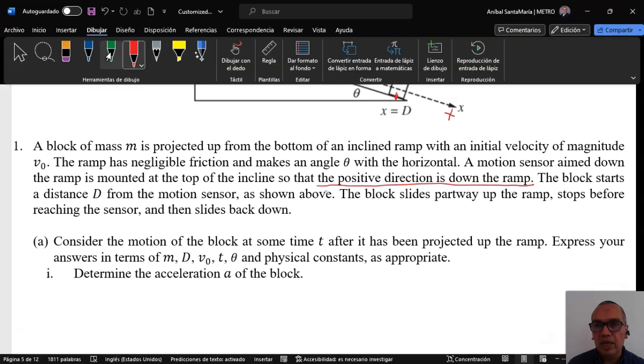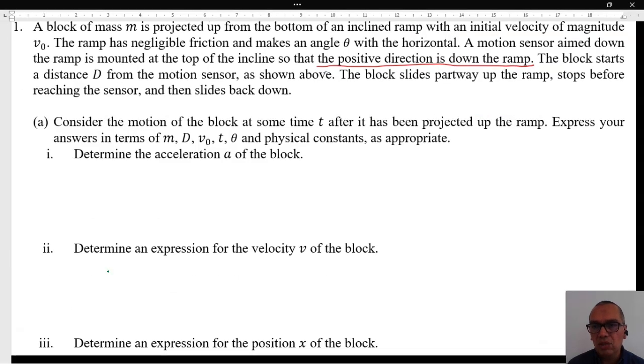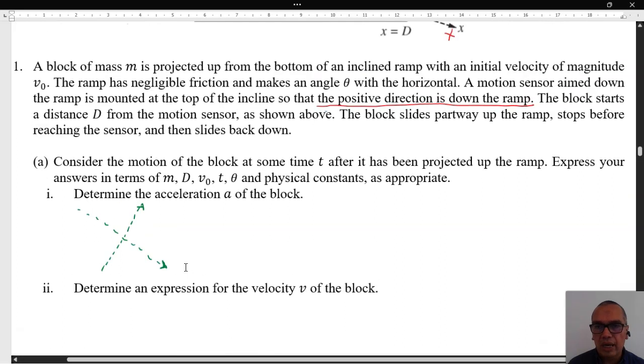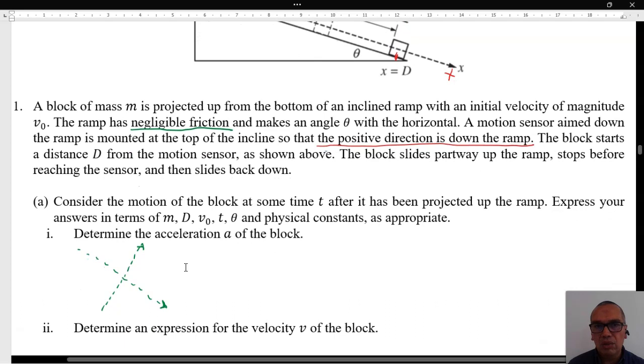In order to do that, we have to think about the forces. And the best way to consider forces is by considering a free body diagram so that you can see what's going on with each of the forces acting on this block. Now, they also told you that the ramp has negligible friction, and so there are only two forces acting on this block really.